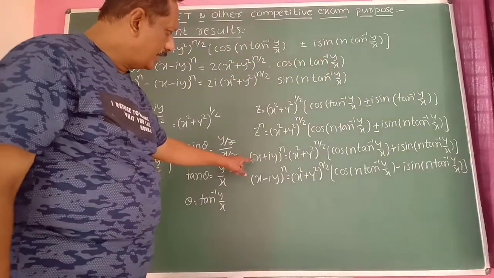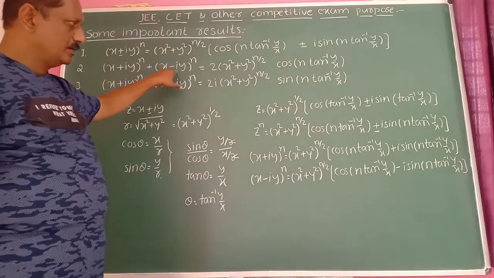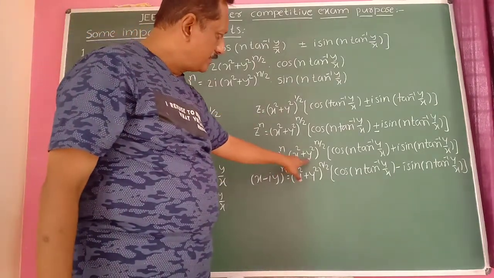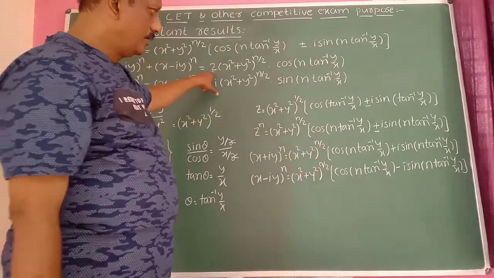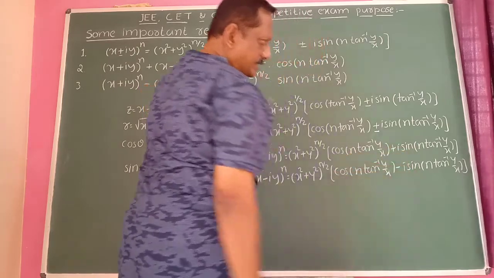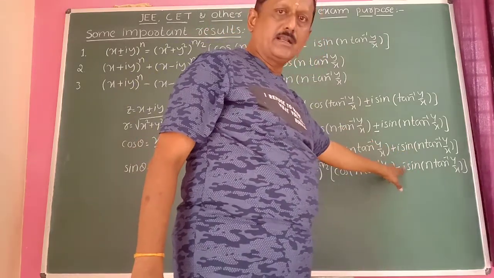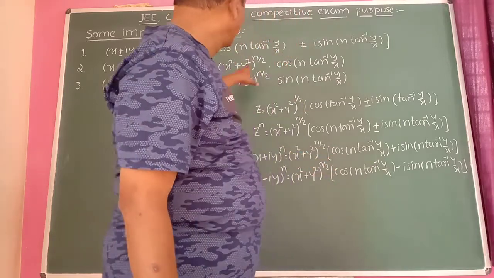Then adding these two, this term plus this one, the sum of these two. Here x square plus y square raised to n upon 2 is a common factor. Then this term plus this term, these two get cancelled. This is a positive term and this is a negative term, both get cancelled. Then the sum of these two is 2 into.